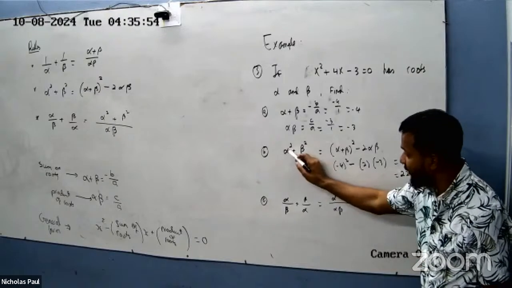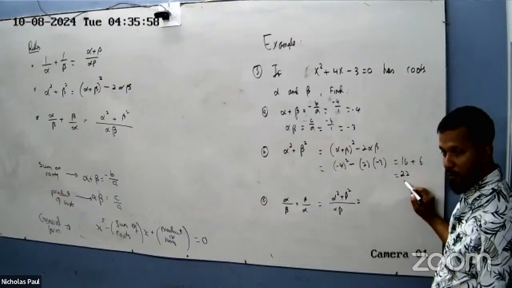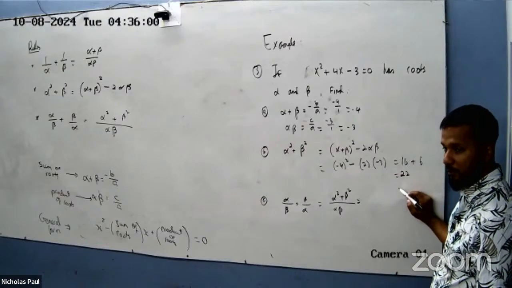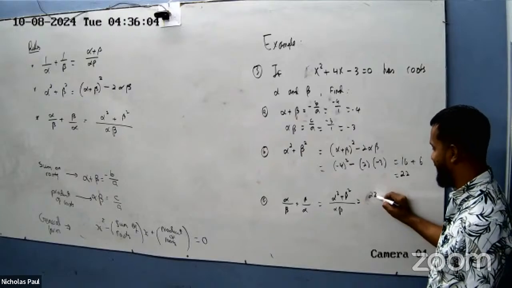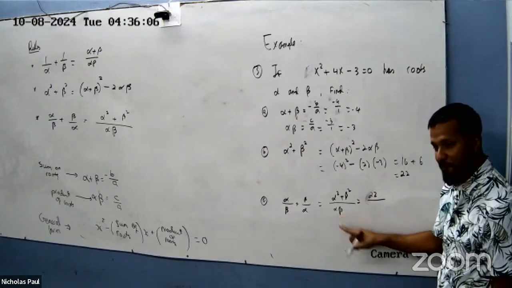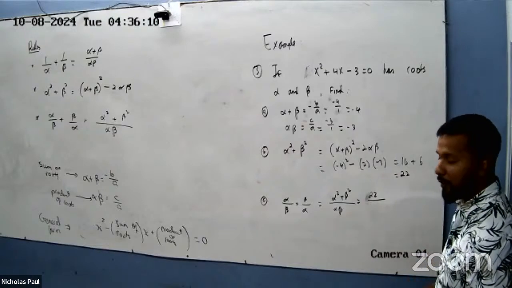What is alpha squared plus beta squared? And what is alpha beta? What is alpha beta?